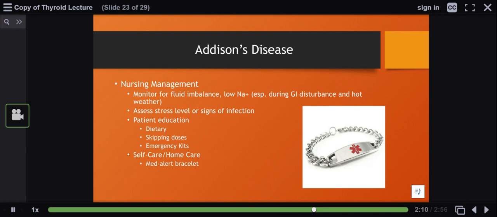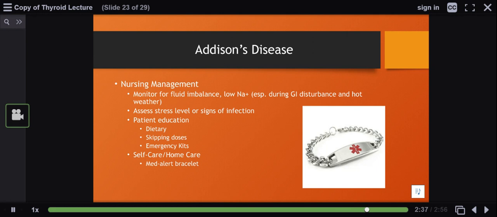Oftentimes, these clients will have emergency kits in their home if they are starting to show any signs of Addison's crisis. These emergency kits contain corticosteroid pre-filled syringes that the family member would be able to administer to the client while waiting for higher medical attention.